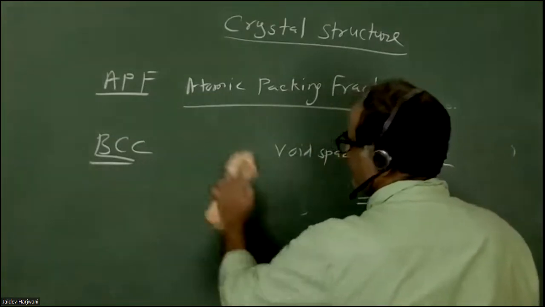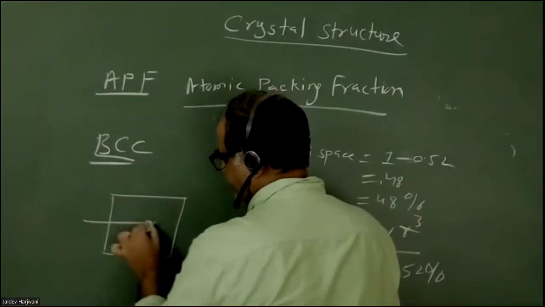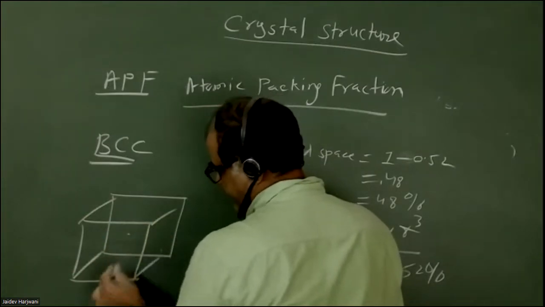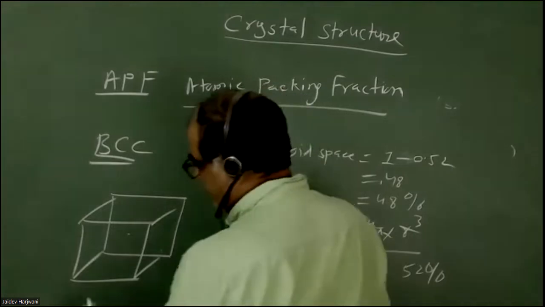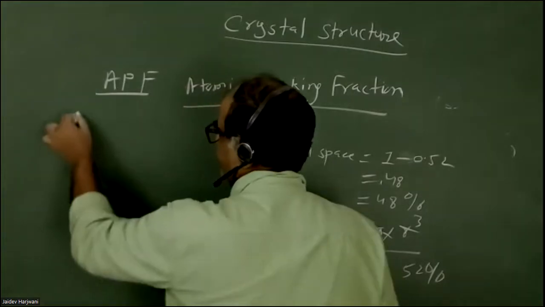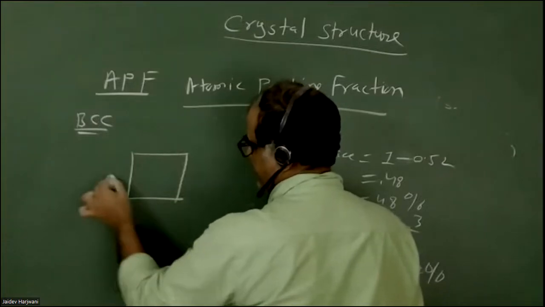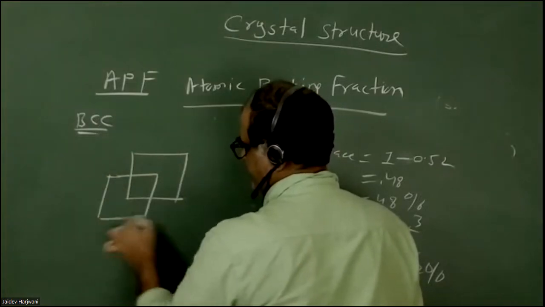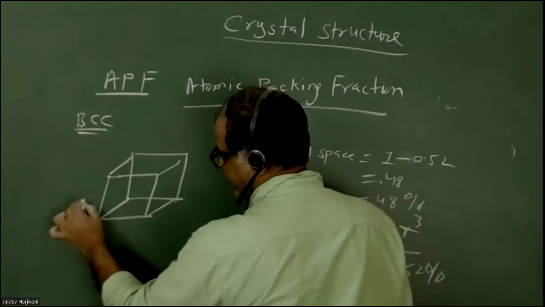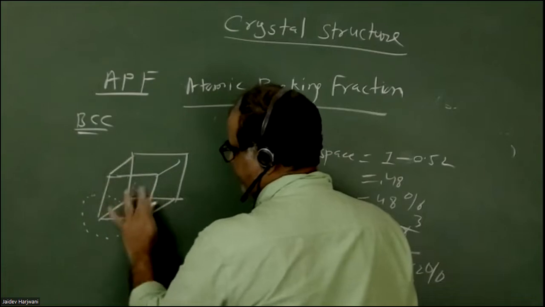So in the case of BCC, we have one atom in the center. Now if I want to calculate the relation between A and R, the atomic radius and lattice constant, we have atoms at the corners, and I'm taking the body diagonal.